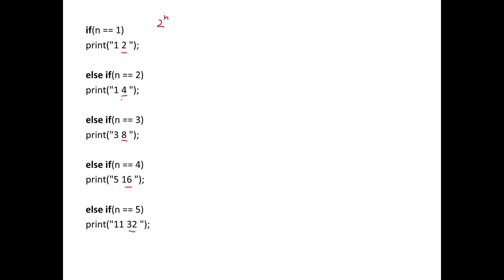So if n is equal to 3, the even number that has occurred before it is 2. So we'll take this value of 2, that is 1 by 4, and we will add it with 1 upon 2 to the power n, where n is 3 and the value of 2 to the power 3 is 8. So 1 by 4 plus 1 by 8.